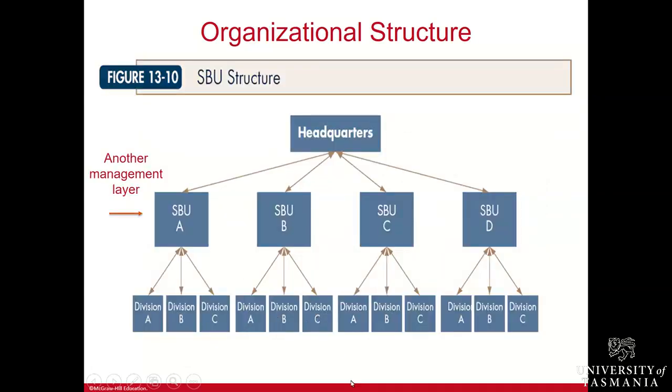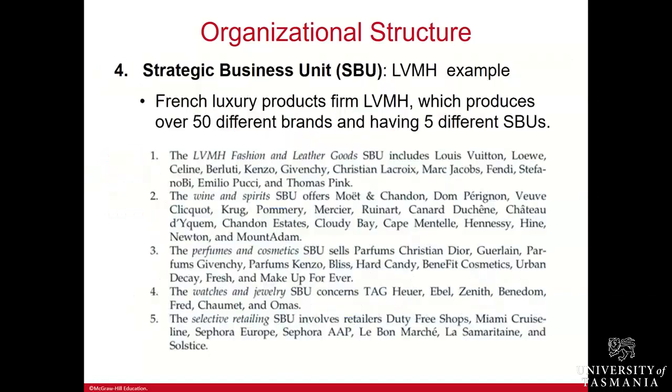For these divisions, again I'm assuming geographical divisions, it goes under this, which shows that this company is run by strategic business units. They report to headquarters, and every division reports to their strategic business unit leader. Let's say Louis Vuitton Europe reports to their strategic business unit manager, not to the headquarters directly.